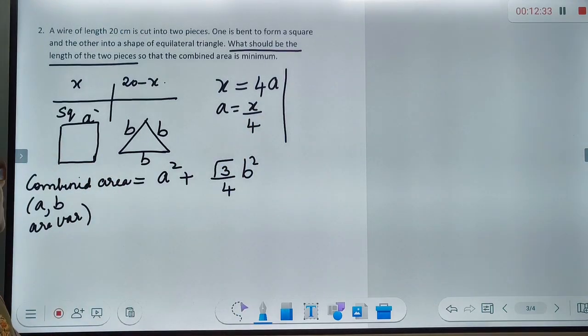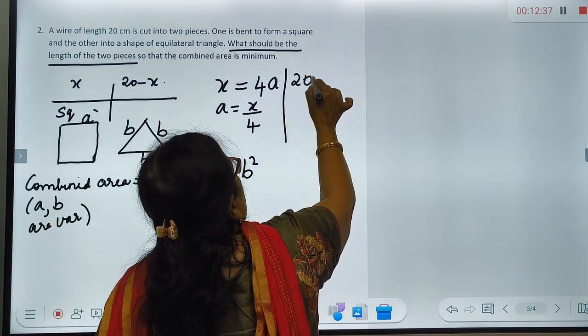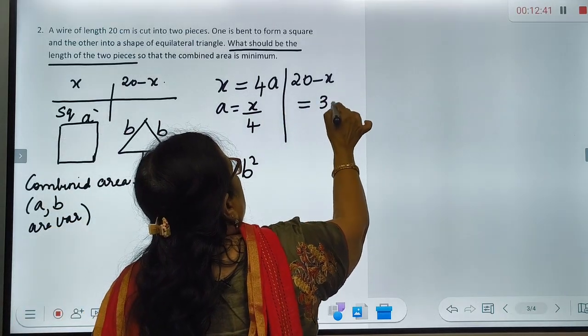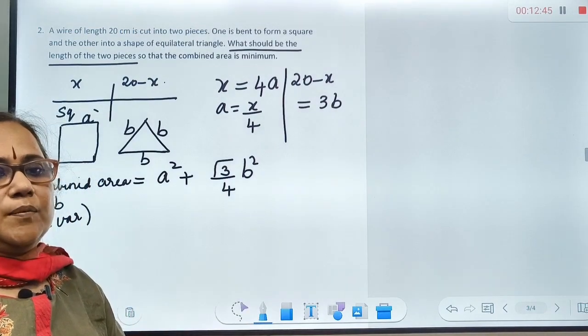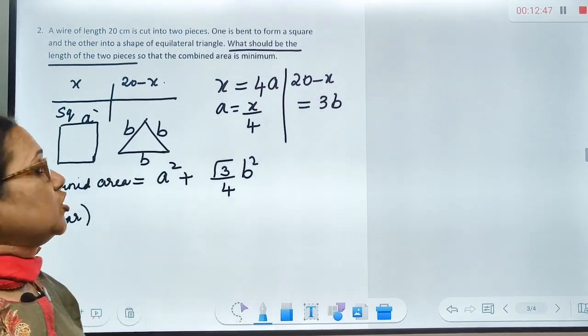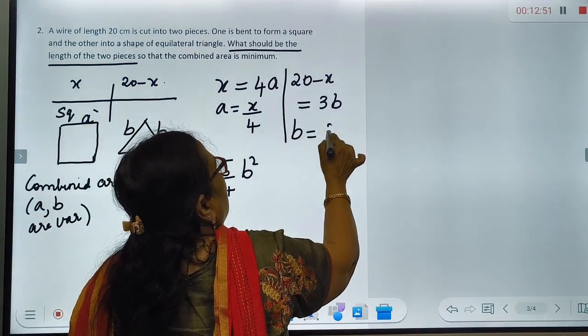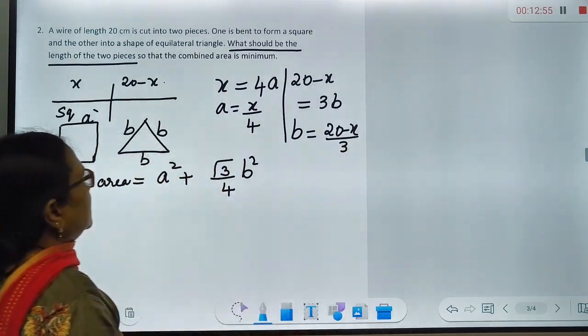So I can write A in terms of x. Similarly, 20 minus x is bent into 3 times B. That is made into the equilateral triangle. So the perimeter of the equilateral triangle is 20 minus x. So B equal to 20 minus x by 3.